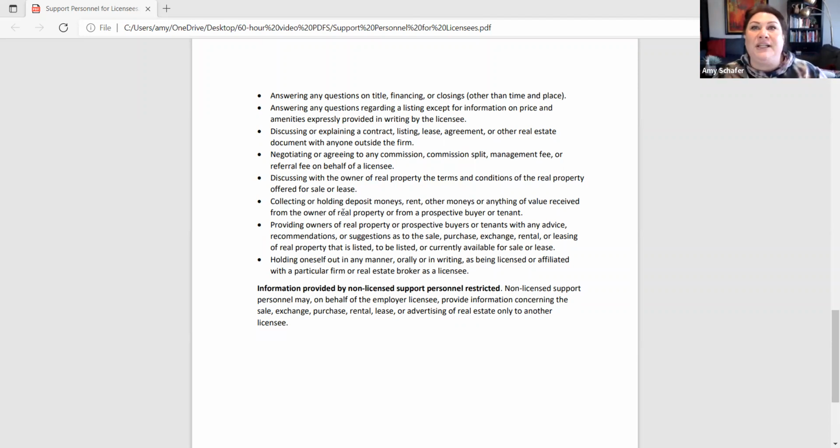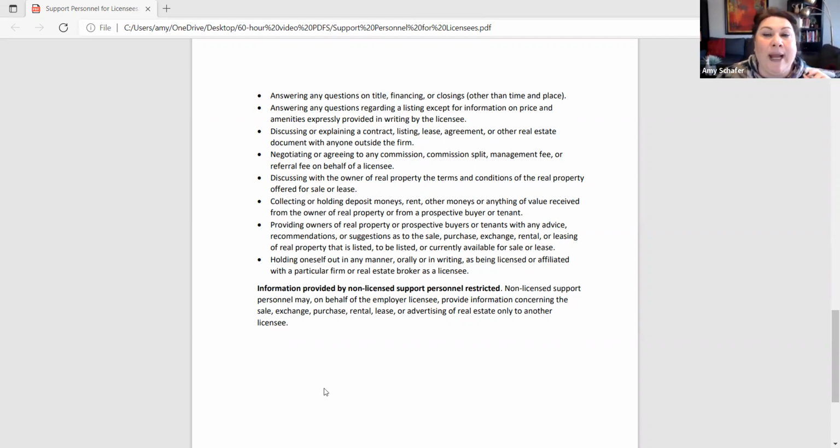But we can't just all individually have our own trust accounts. It's got to be through a broker, or the broker can direct it to a third party and have authorization with the real estate commission. We can't hold those things on our own, okay? So I think hopefully that opens that up a little bit for you to understand that as well.